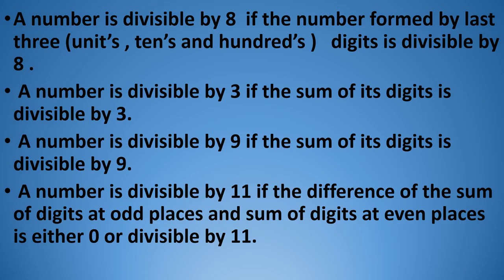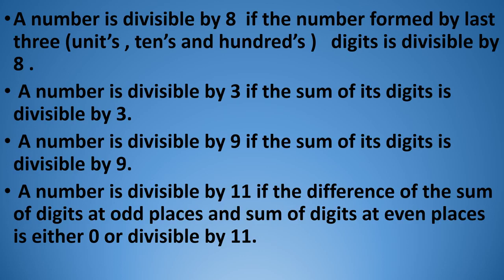What we have to do? We have to find out the sum of even place digits and the sum of odd place digits, and then find out their difference. If the difference is 0 or divisible by 11, then the number is divisible by 11, otherwise not.